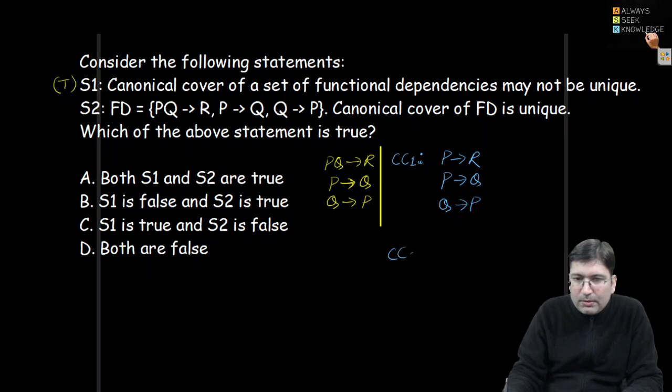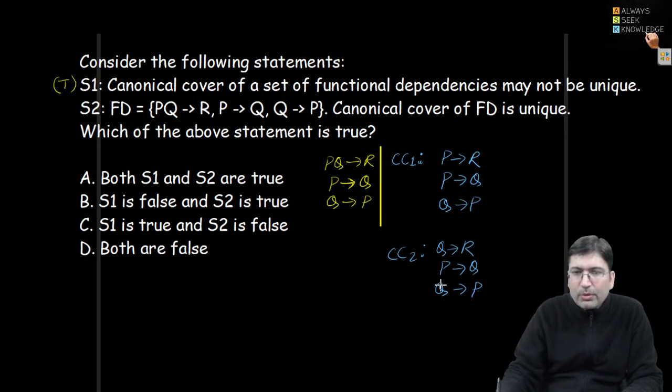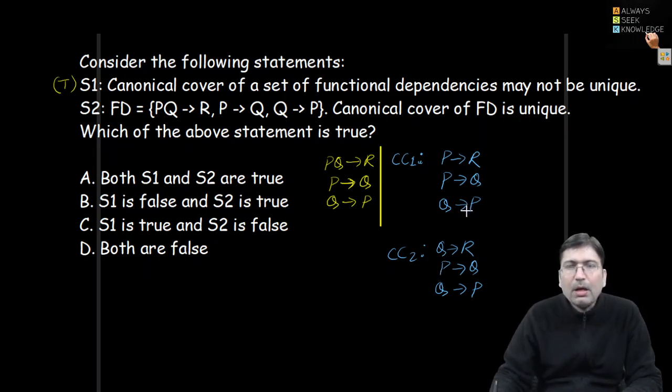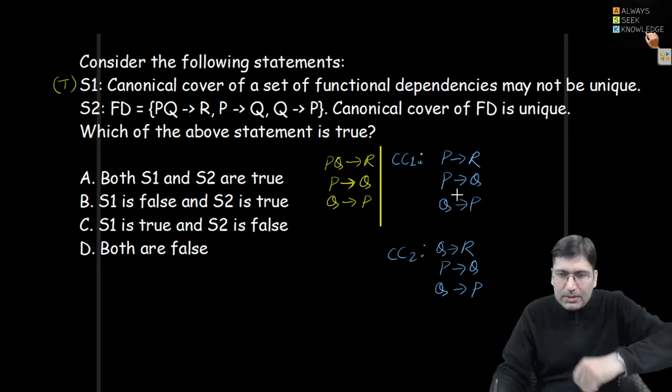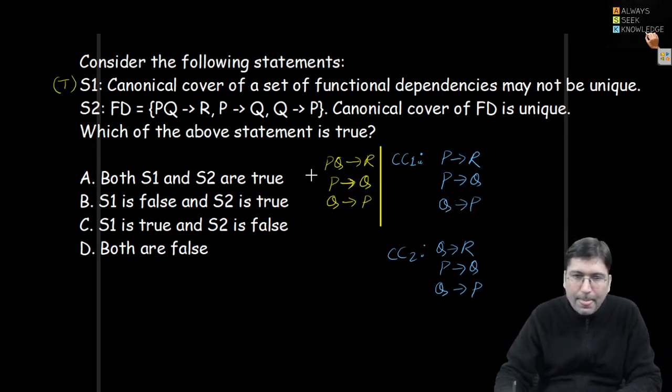Another canonical cover we can write like this: Q implies R, P implies Q, and Q implies P. So there are two canonical covers, or minimal sets of functional dependencies, possible, which are equivalent to the original functional dependencies.